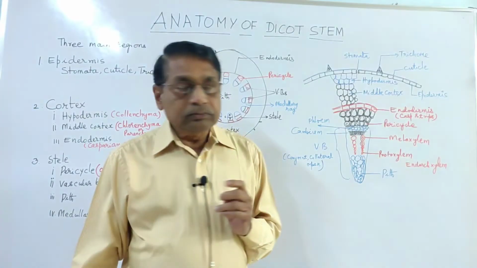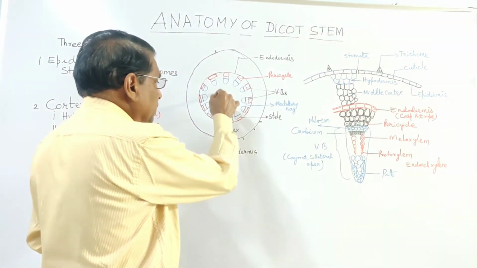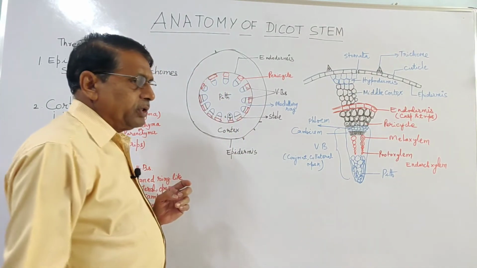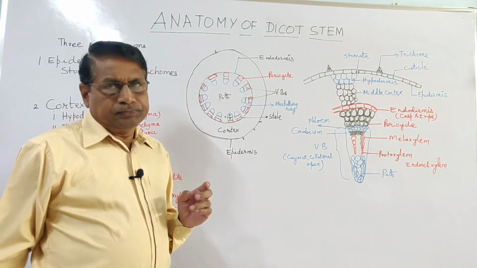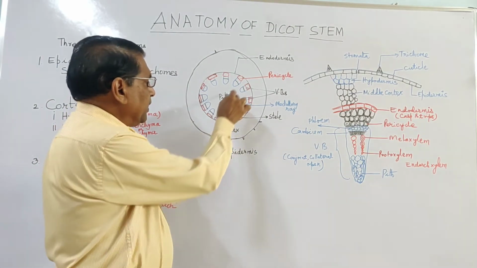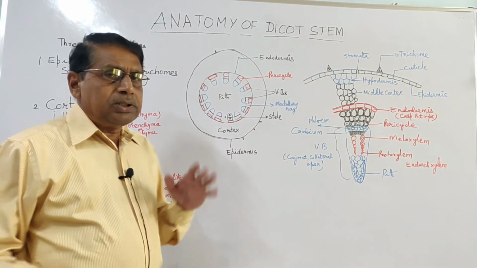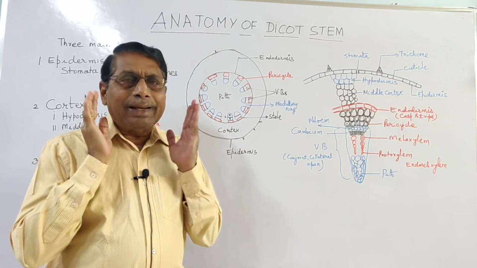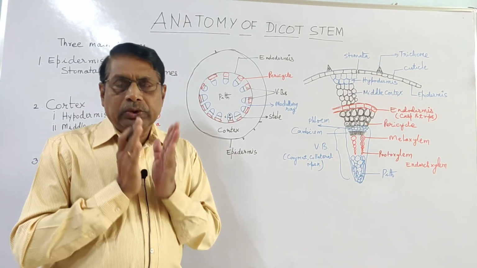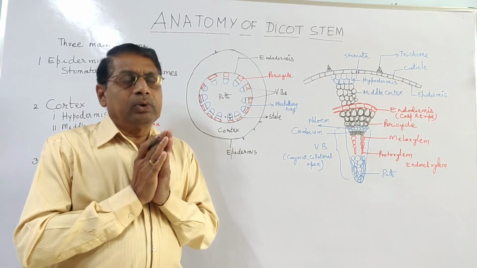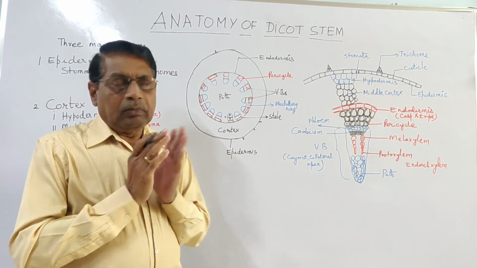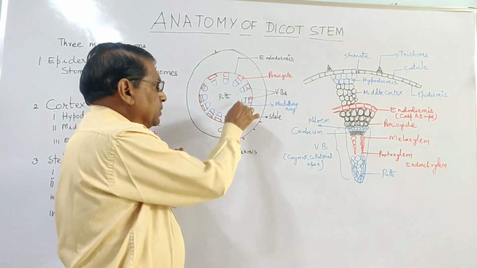Then the pith, this is the central pith, very wide. When compared to cortex, it is very wide. This will be narrow, but this will be very wide. The pith is made up of parenchyma tissue. So each part, with which type of tissue it is made up of, we have to remember. It is parenchymatous.